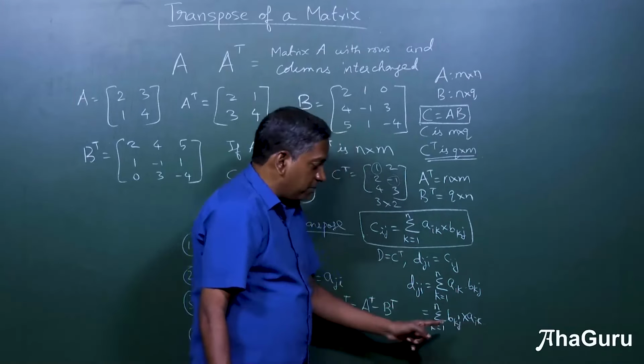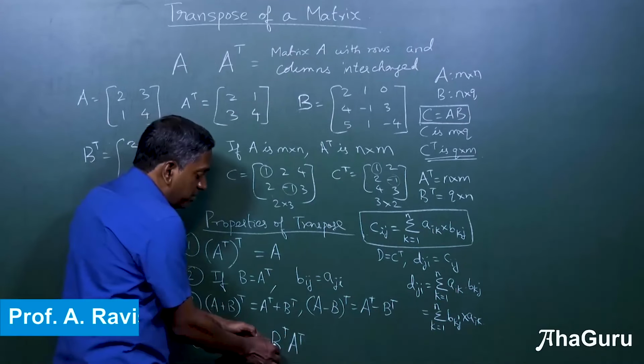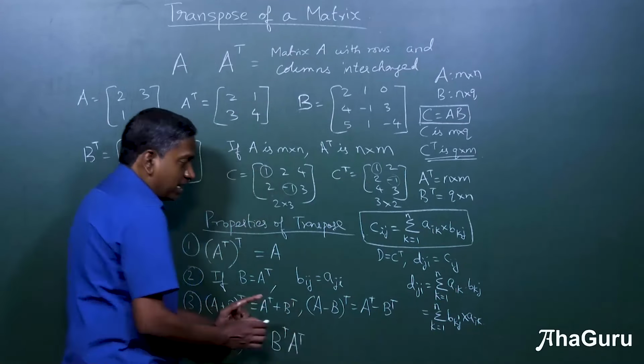But what is bkj? If you take the transpose of B, then bkj will become bjk and this will become aki. So it will be similar to the matrix multiplication, which is what will happen if you take B transpose times A transpose.